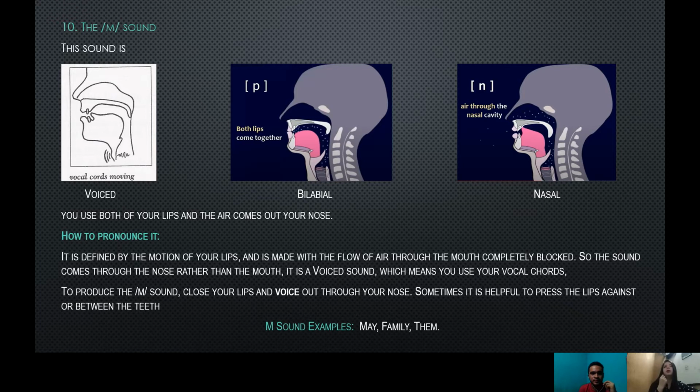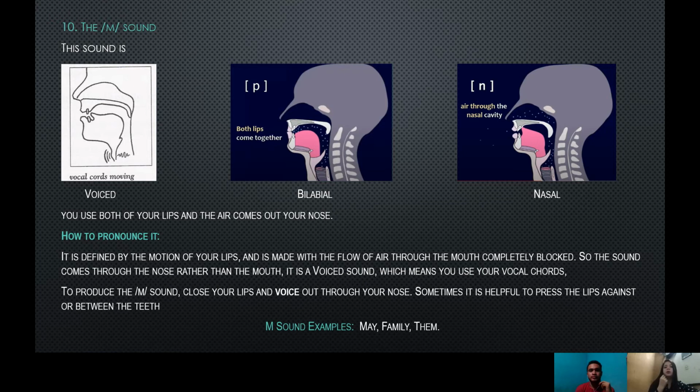The M sound. This sound is voiced, bilabial, and nasal. You use both of your lips and the air comes out. Now, how to pronounce it? It is defined by the motion of your lips and is made with the flow of air through the mouth completely closed.